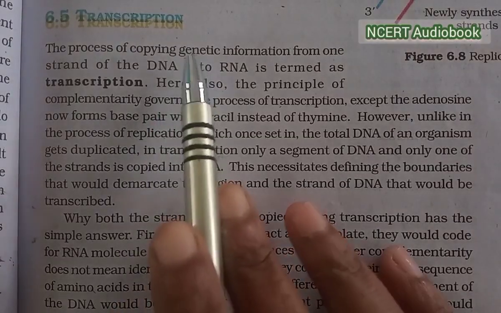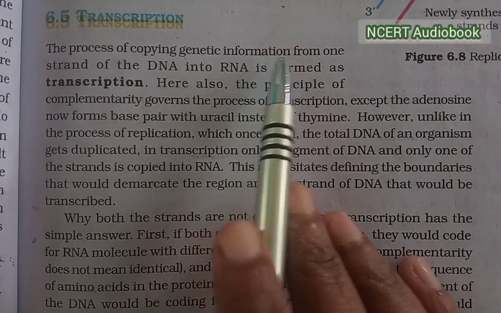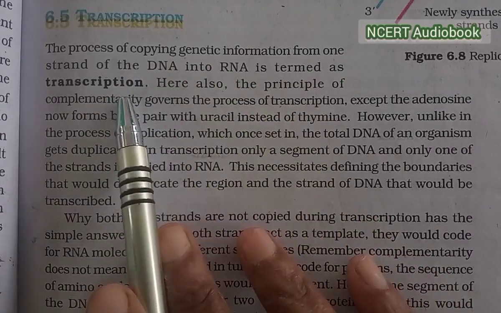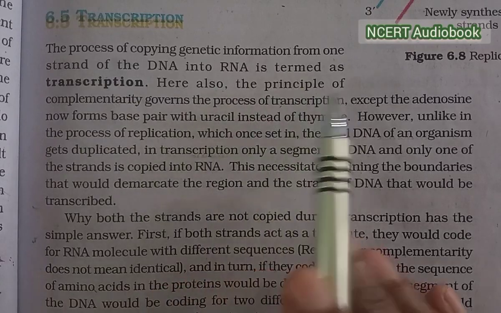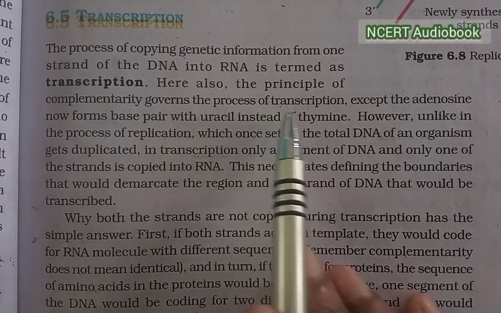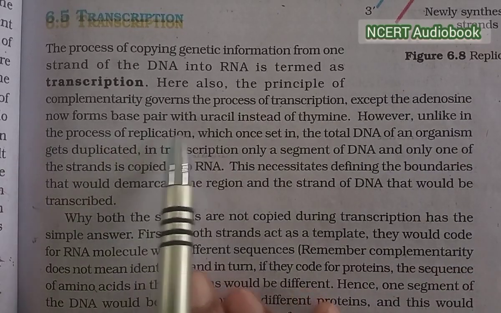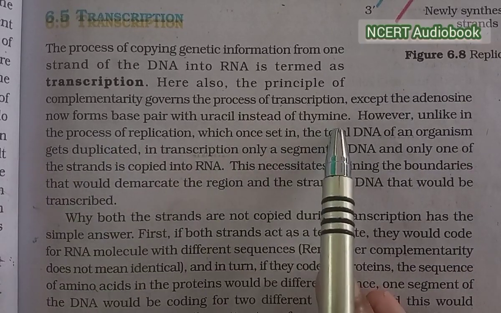Transcription. The process of copying genetic information from one strand of the DNA into RNA is termed transcription. Here also, the principle of complementarity governs the process of transcription, except that adenosine now forms a base pair with uracil instead of thymine.